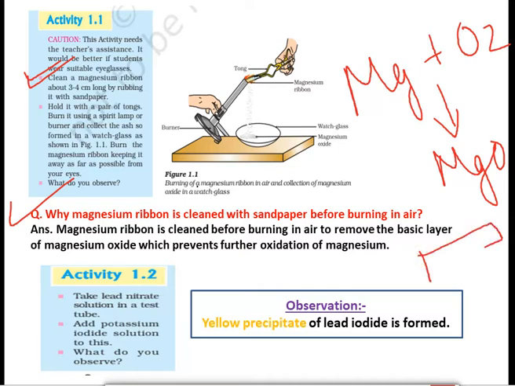In the magnesium ribbon, a layer of magnesium oxide is already present, and that is basic in nature. This magnesium oxide will not allow the magnesium to burn properly. So we clean that layer with the help of sandpaper. Then the magnesium will easily burn in the presence of oxygen and form magnesium oxide again, right?